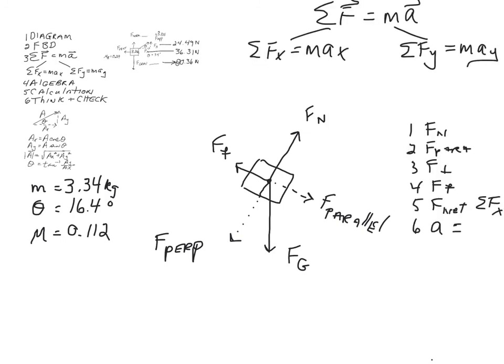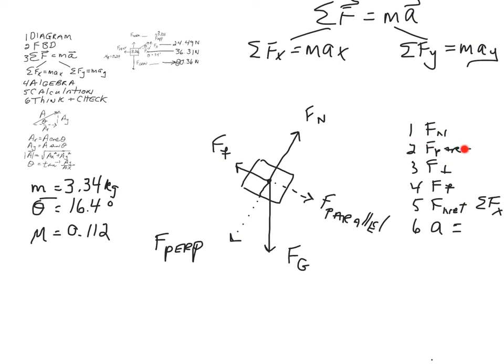Okay, so here are the quantities that were given. The mass is 3.34 kilograms. The angle of the track is 16.4 degrees. The coefficient of friction is 0.112. And here are the 6 things we want to find. The normal force, I just wrote Fn.